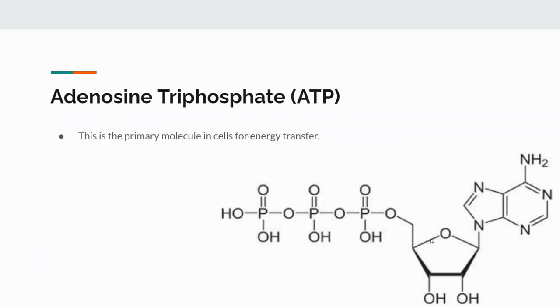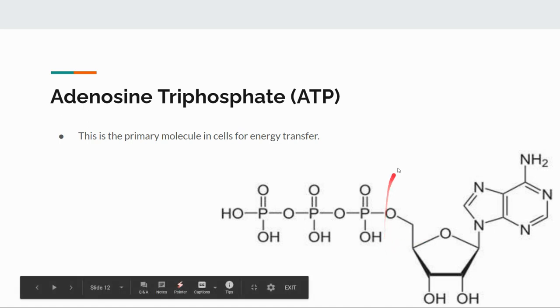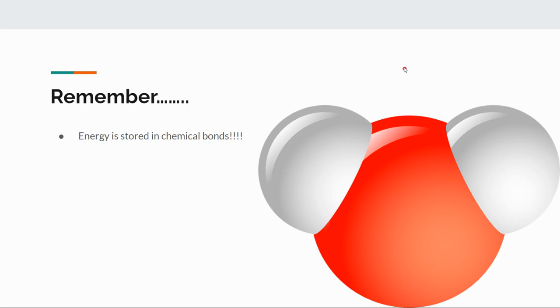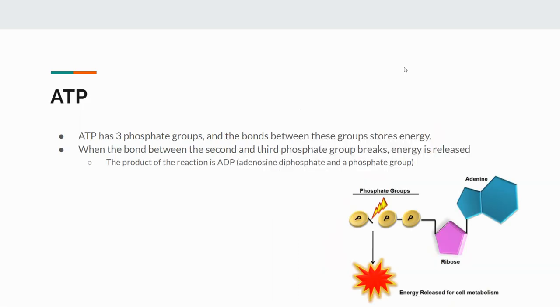So adenosine triphosphate, which will be referred to from this point forward as ATP. This is the primary molecule in cells for energy transfer. So remember that energy is stored in chemical bonds. Think back to Unit 1. Chemical bonds hold potential energy, and when those bonds are broken, kinetic energy is released.